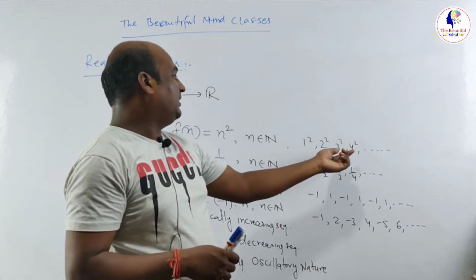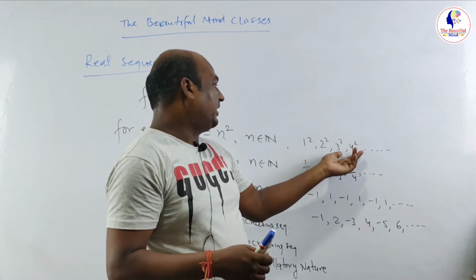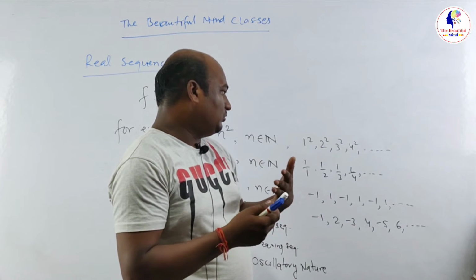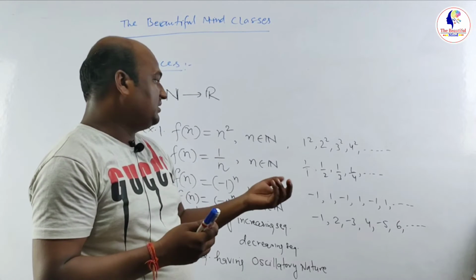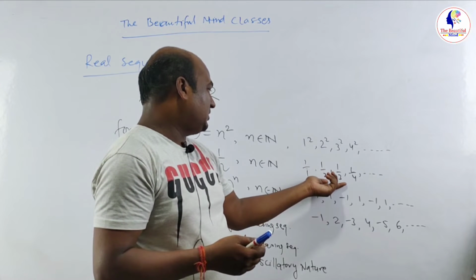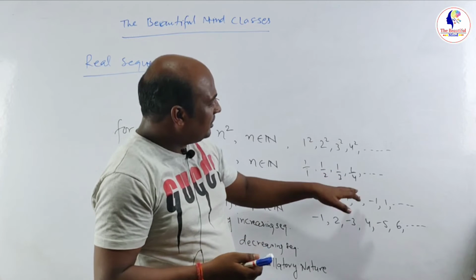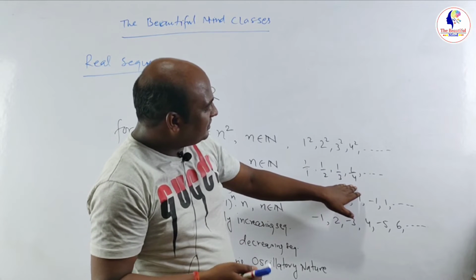So here we can see that in the higher and higher terms, the sequence value of the term is going very large, and in the second sequence the value of the term is decreasing.